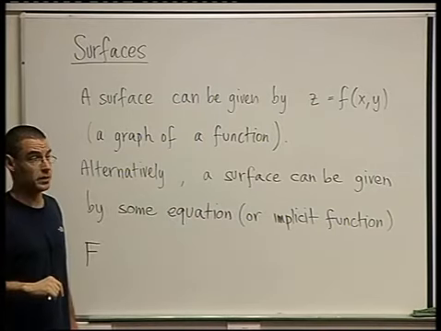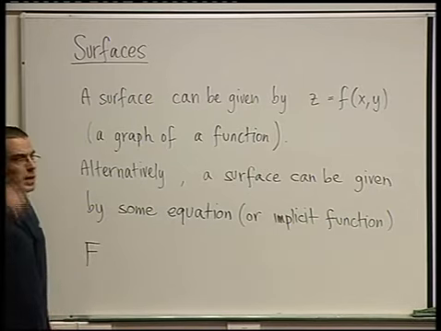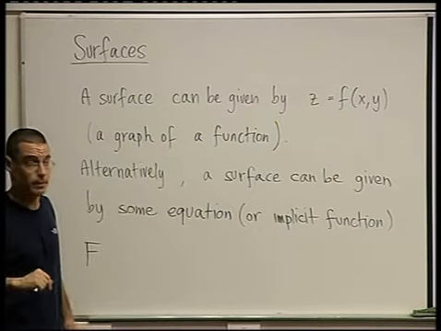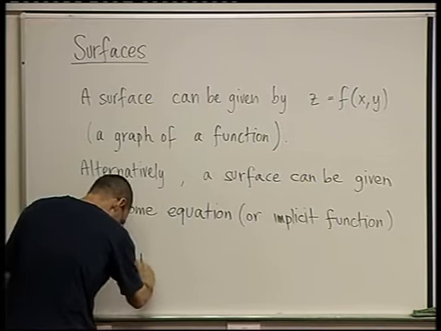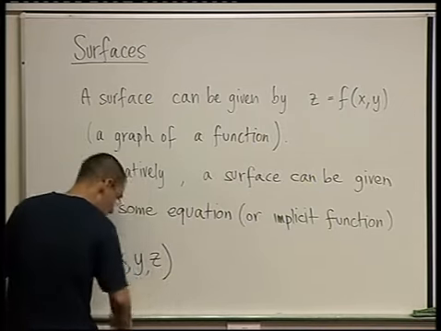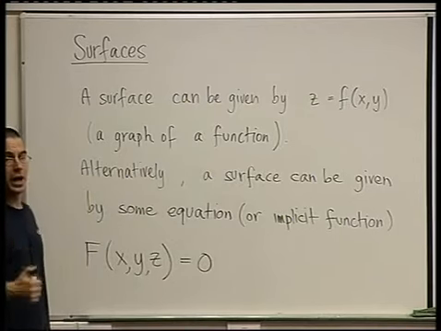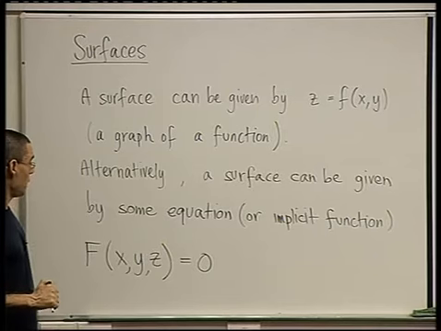Planes are surfaces, right? And a plane is given by some equation with x, y, and z satisfying some condition. In general, the way to write that is f of x, y, z equals 0. Some expression containing x's, y's, and z's. Good?